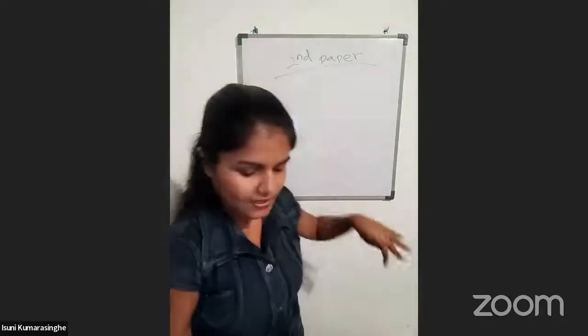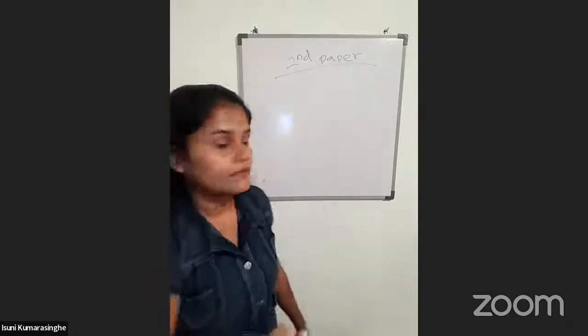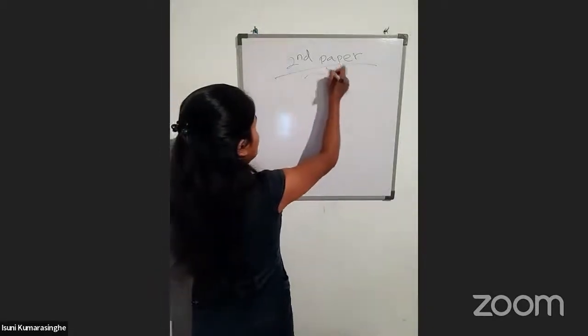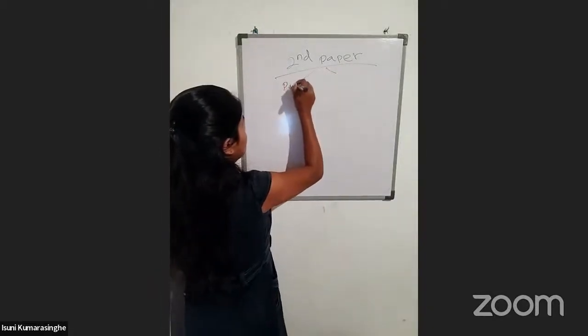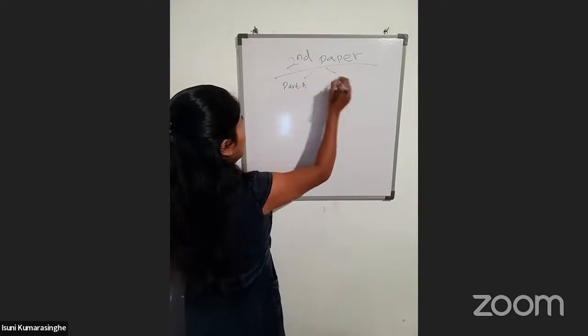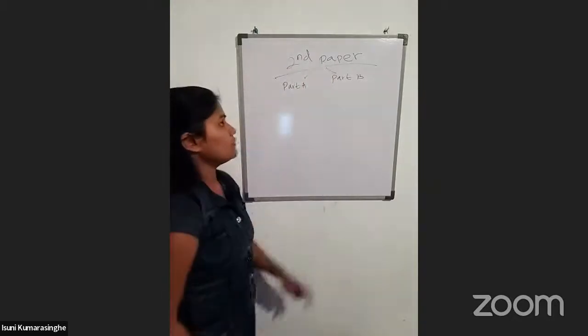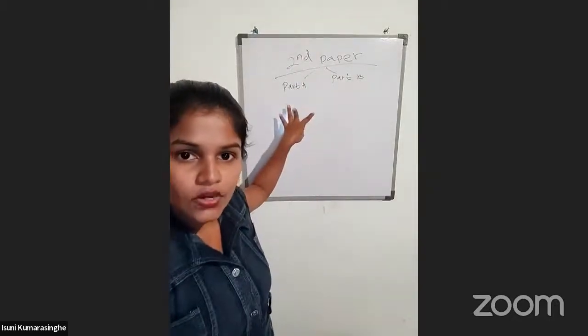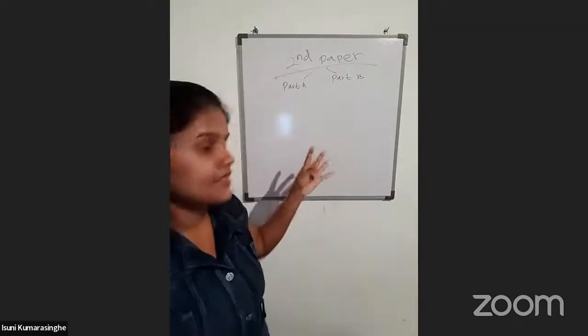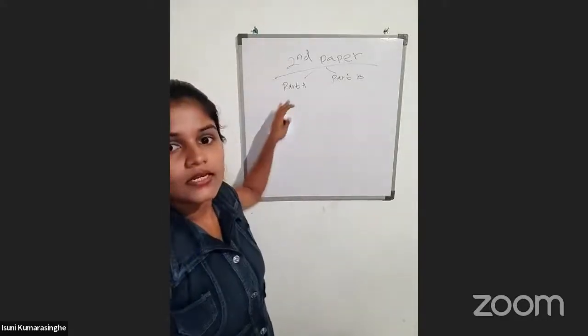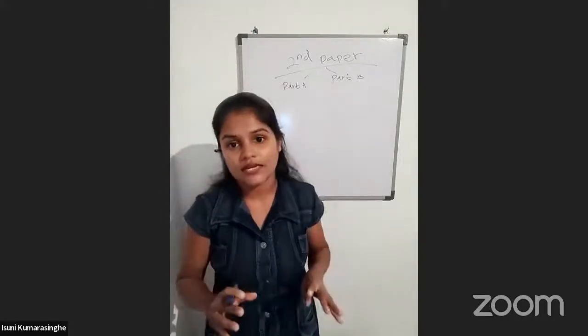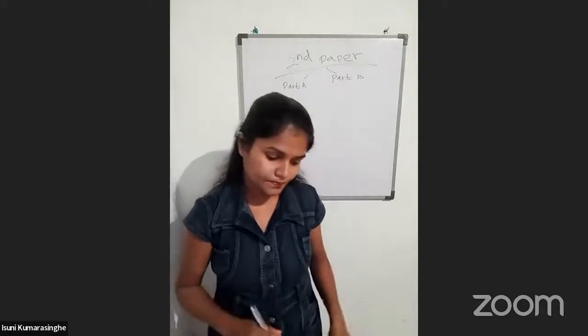Here in the second paper, first we'll see part A. I already told you it's divided into two parts called part A and part B. First of all, I will teach you how the structured essay, or part A, is organized within the paper.